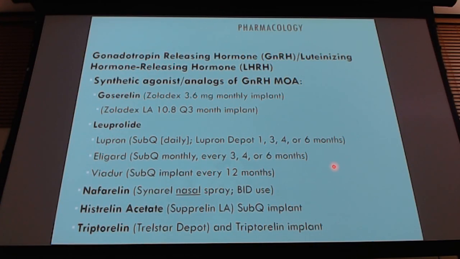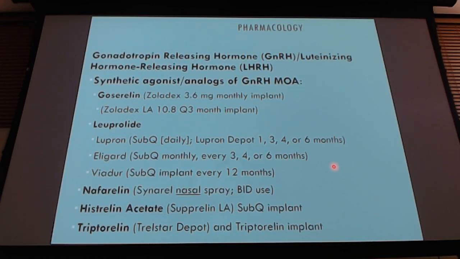So, my drugs that I have available to me. You see that we have several different ones. There are also several different formulations of these medications that are available. So I have my Goserelin. I have this as an implant. I have a long-acting one, and I have one that is going to be a monthly one, okay, versus every 3 months.